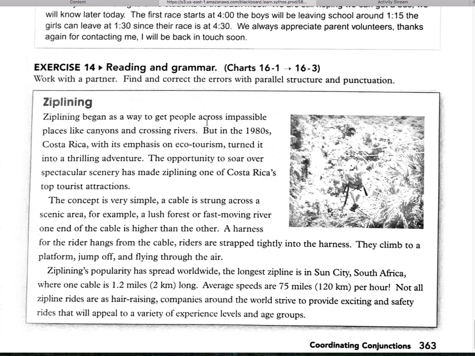Ziplining began as a way to get people across impassable places like canyons and crossing rivers. But in the 1980s, Costa Rica, with its emphasis on ecotourism, turned it into a thrilling adventure. The opportunity to soar over spectacular scenery has made ziplining one of Costa Rica's top tourist attractions.